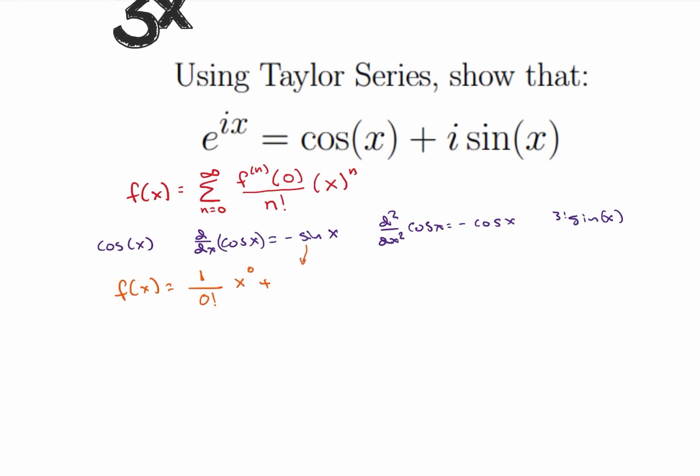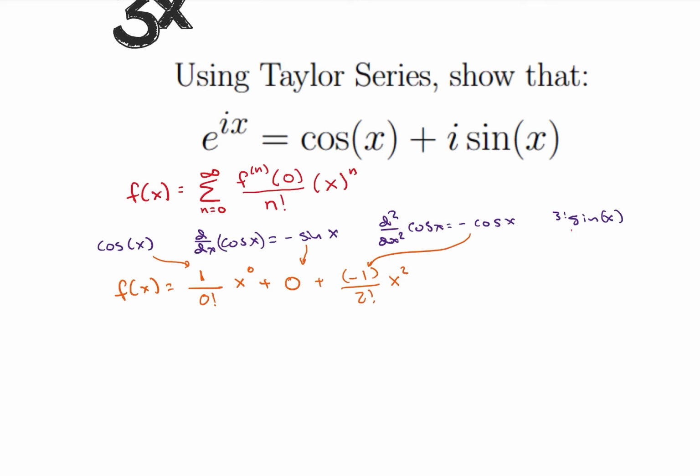I'm going to take that negative sine and evaluate it at 0, so that's going to be 0 times a bunch of other stuff. Then for my third term, I'm looking at the next derivative, the second derivative now. The second derivative evaluated at 0 is negative 1. I'm going to divide that by 2 factorial, and that's going to be times x squared.